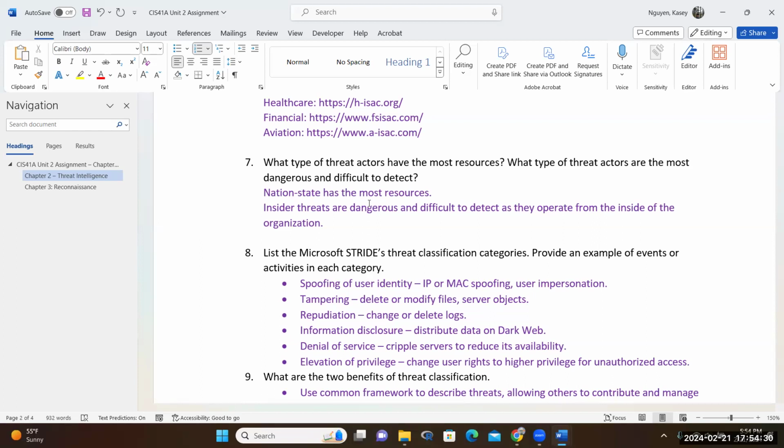Information disclosure: distribute data to the dark web or other sources, and that could be for monetary reasons or not. In the case of hacktivists, they just leaked the data because they wanted to show the company that they could. Denial of service: just cripple resources and reduce availability.